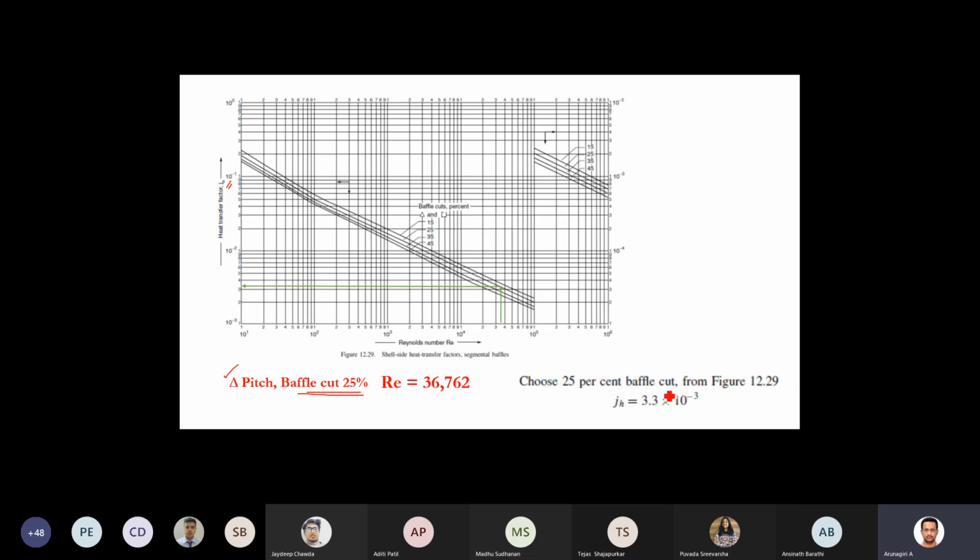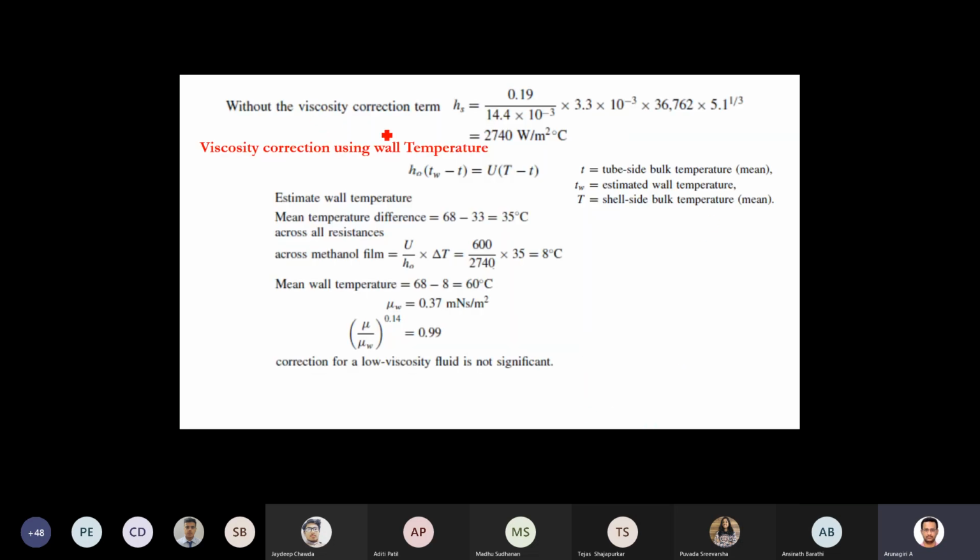For the Reynolds number 36,760, you can calculate the JH value, that is around 3.3 into 10 power minus 3. Without the viscosity correction term, you can calculate the heat transfer coefficient, that is 2740. So now we are neglecting this viscosity correction factor. We are assuming mu by mu W is 1.